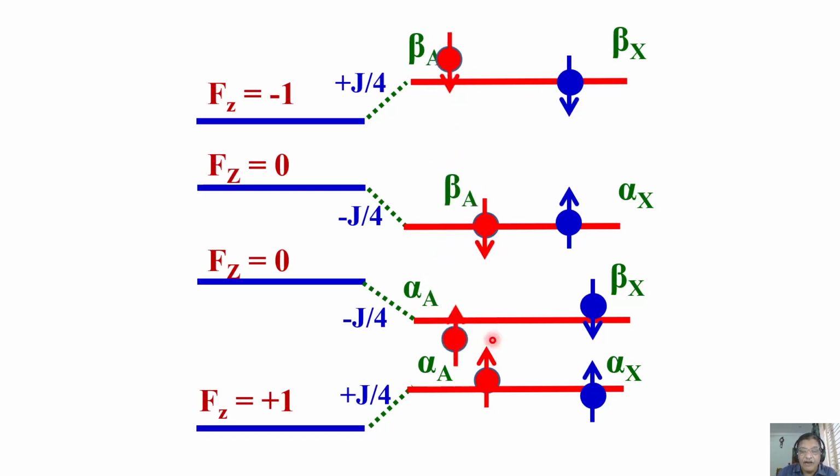In this one, alpha A is getting changed to beta A. This is an allowed transition because 0 to -1 and -1 to 0 is also allowed. Here, beta X is not changing, but alpha A and beta A are changing. So the X transition is not affected. So this is only an A transition. X spin is not affected here. Now, what about the other one? This is also alpha A going to beta A.